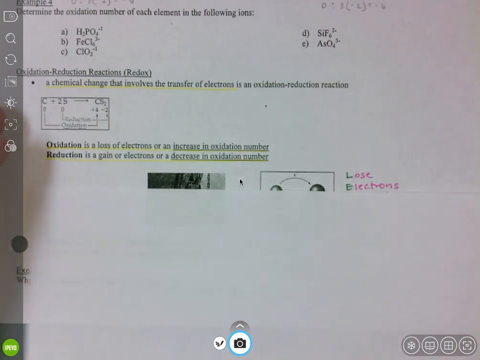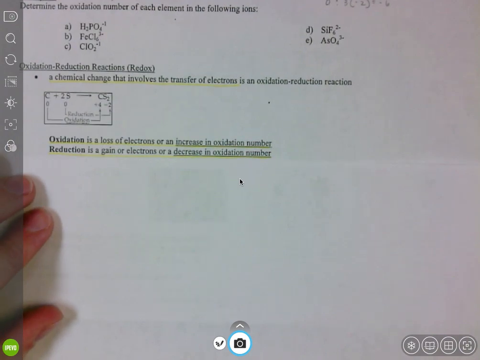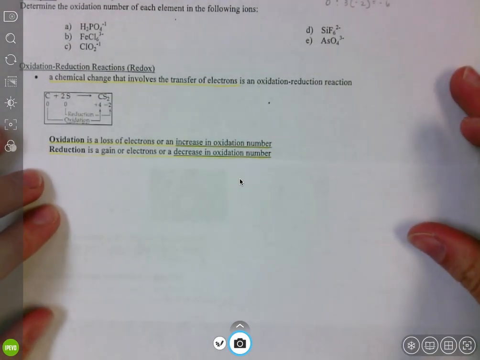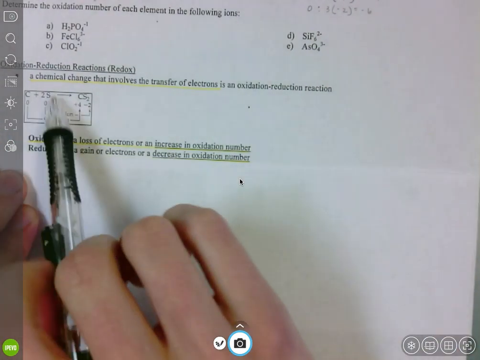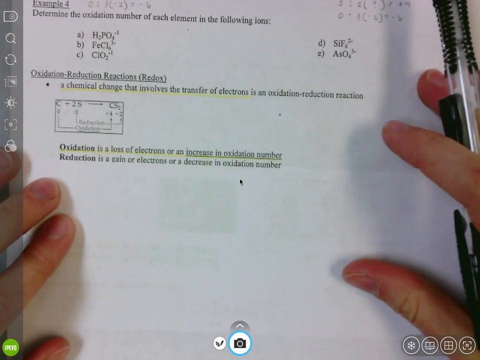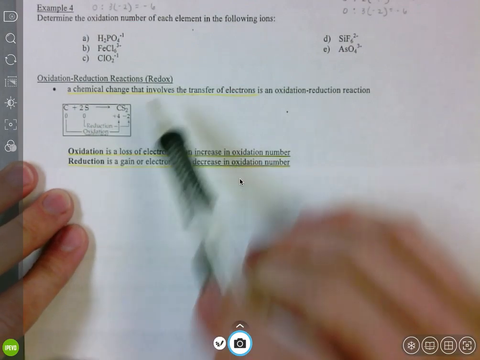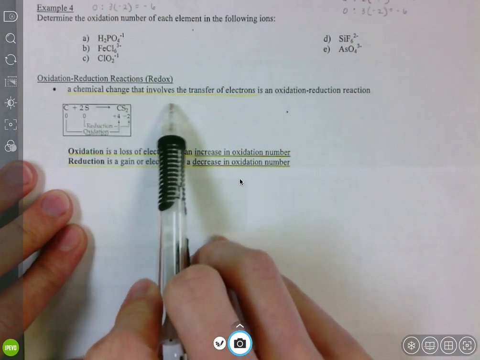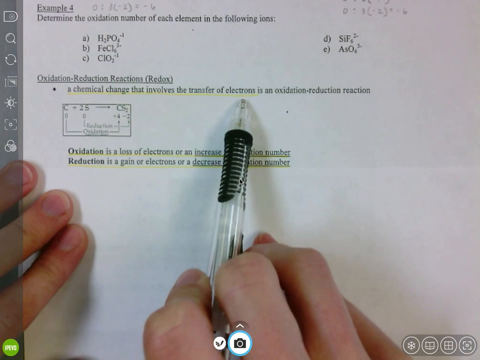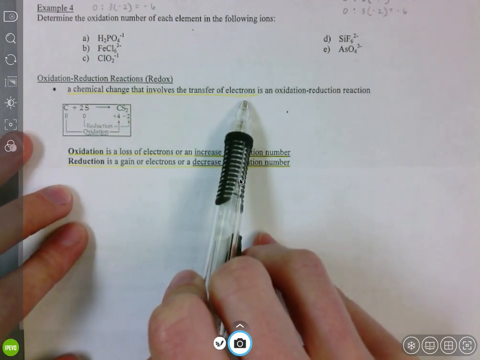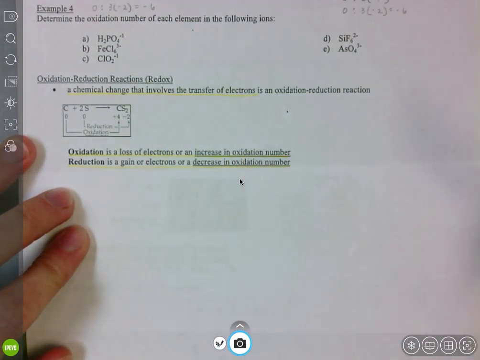Okay, so the next thing that we're looking at is our oxidation reduction reactions. An oxidation reduction reaction, typically abbreviated to redox reaction, is a chemical change that involves the transfer of electrons. So basically what we're talking about is where are our electrons coming from, where are they going?